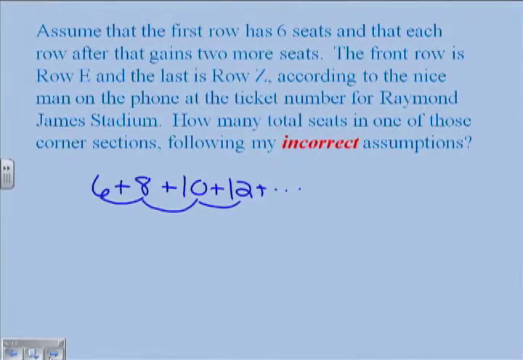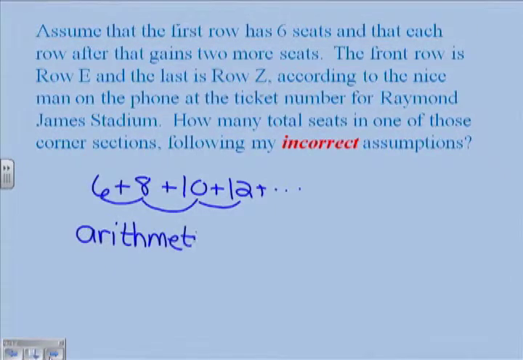When you're adding the same amount each time, that is an arithmetic series. Yay. Because if it's arithmetic, we've got formulas, we understand how they work. And I want how many total seats? I need that last term, don't I? So that I can do the little Gauss thing.